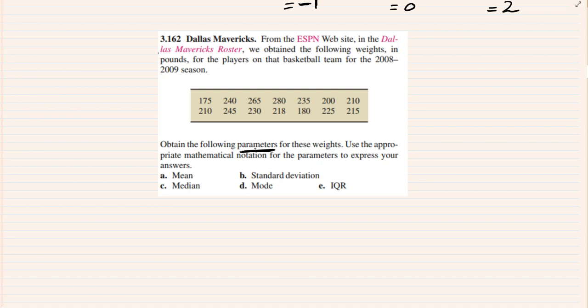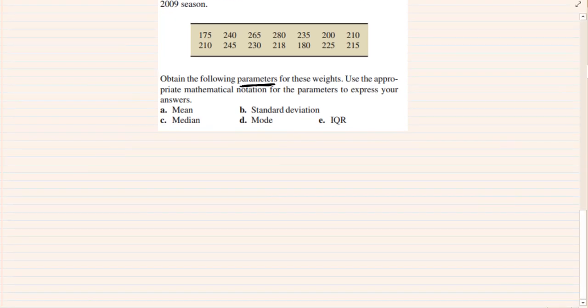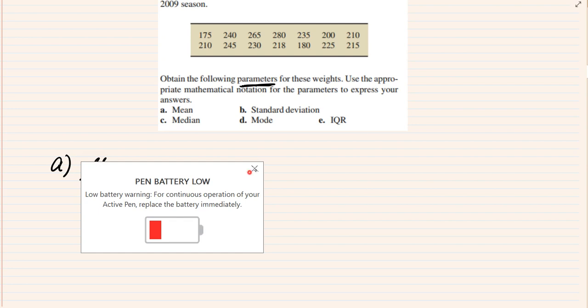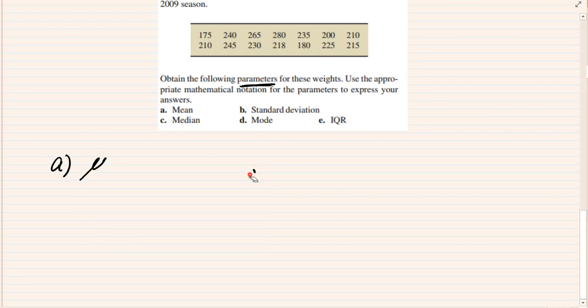So let's take a look at now how this works. Use appropriate mathematical notation for the parameters. So in part A, first the notation, we want to know what mu is. So mu is there. And in part B, and we're going to get this from StatCrunch, I'm not going to do it by hand, standard deviation, parameter means population, that's sigma.